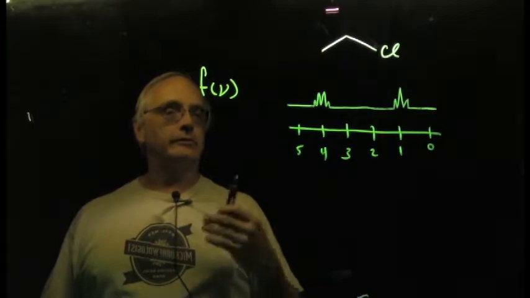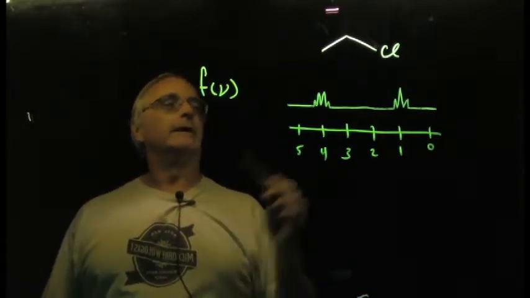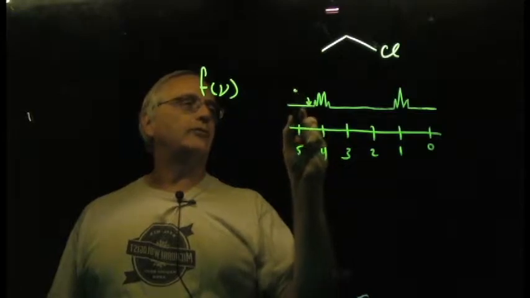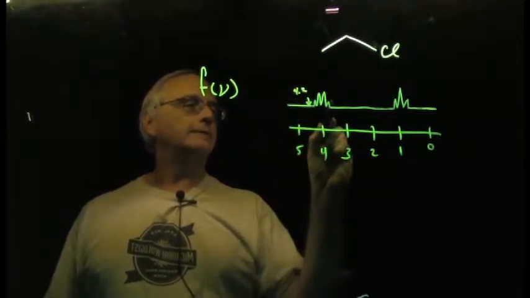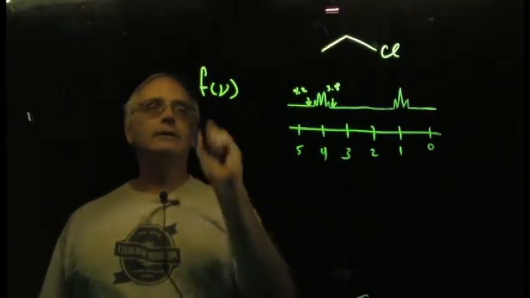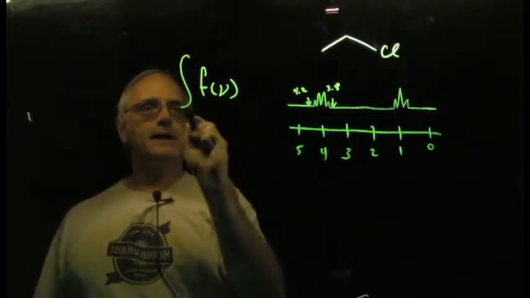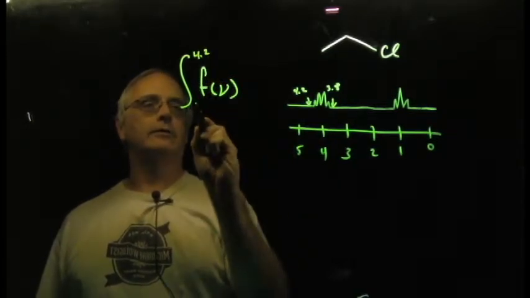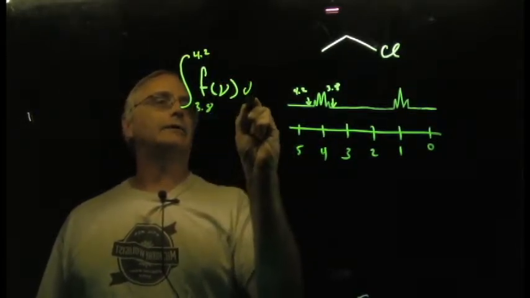What you do is you literally integrate the spectrum. You tell it, start here, let's say at 4.2, and go down to here, and I'll just mark it as 3.8. You literally mathematically integrate, a definite integral, from 4.2 to 3.8, that function.